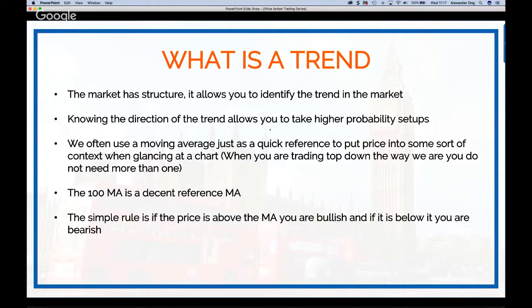We want to be looking for buying opportunities. If it's below the moving average, then we're bearish. We're looking for selling opportunities. That's the way that it works. It's not to say that you trade based on a cross of a moving average. That would be silly. It just gives us an indication of where the price is moving, and then we can take our trade based on price action.